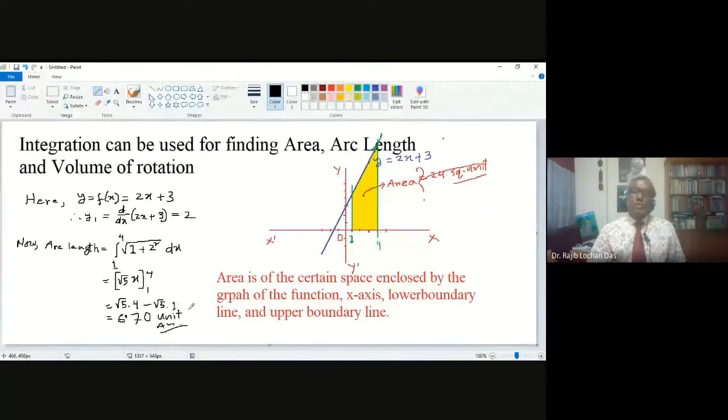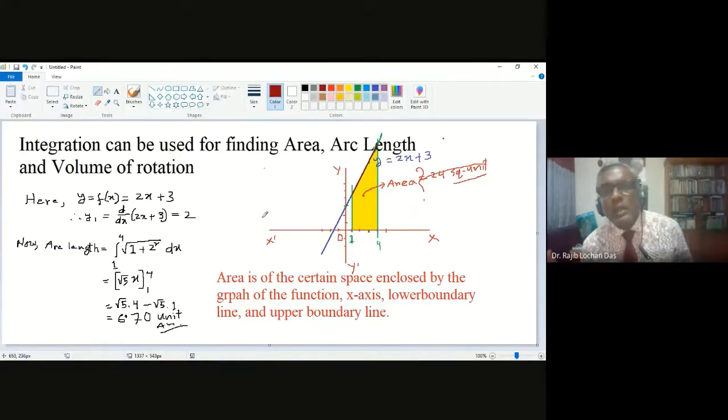What does that mean? That is actually the length of the line on the graph, from this point to that point. You understand?